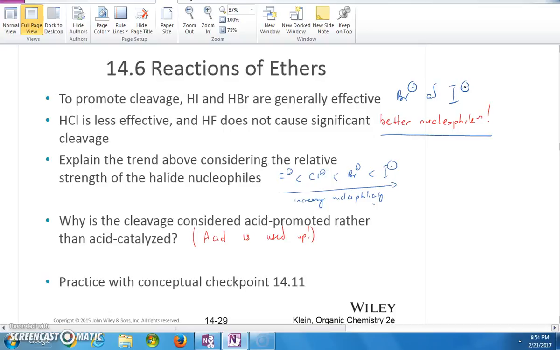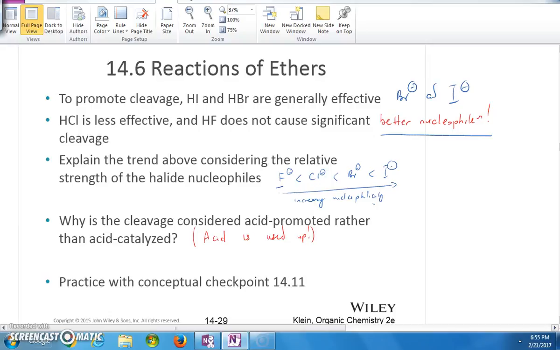Explain the trend above. We expect that the most nucleophilic is the iodide, and the least nucleophilic is the fluoride. Right? That's something we learned from organic Chem 12B.